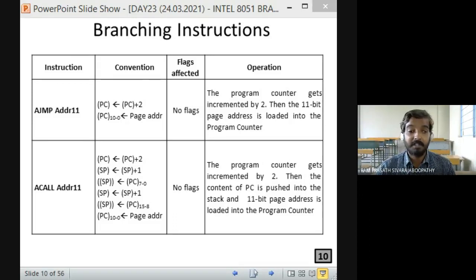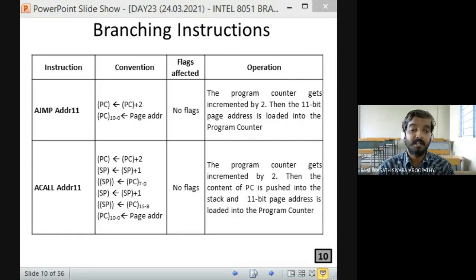Can you type it in the chat? 8350H. Yes, 50H is the lower byte. So the instruction must be like this. The lower byte of the address we will mention in the instruction. The upper 5 bits are from the program counter itself.